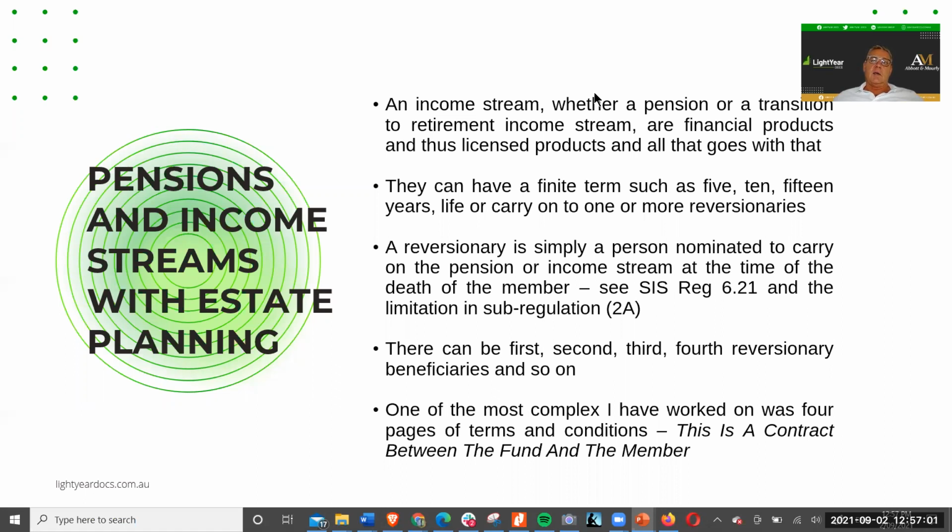The quantum, feel free to jump onto our support ticket and say, look, I've got a client here, here, and here. What should I do? And then we can have a look at it. Importantly, remember that family allowance agreement that's sitting in the Lightyear Doc site. That's an important tool, because, remember, we might have, for example, John, and his son, Max, and his two grandchildren, Billy and Bob.